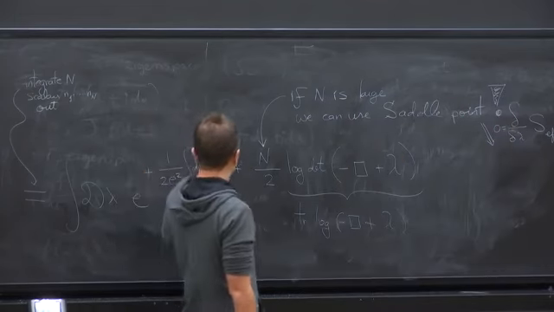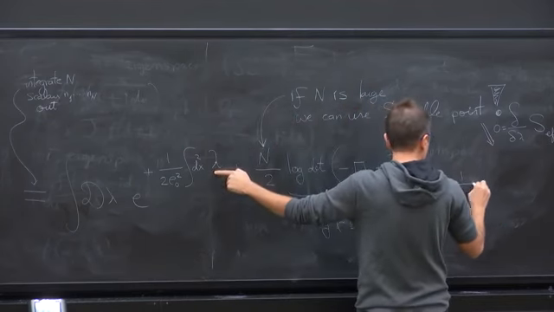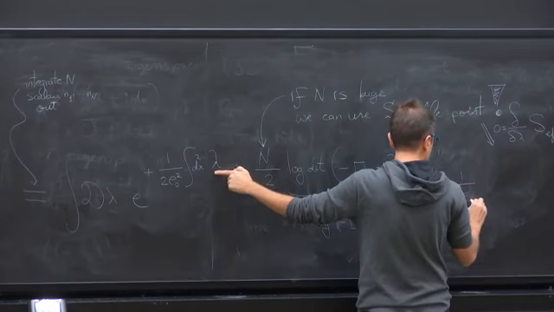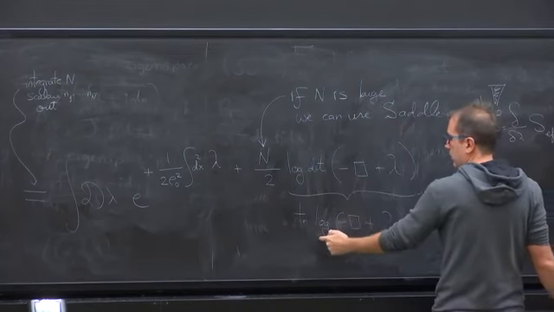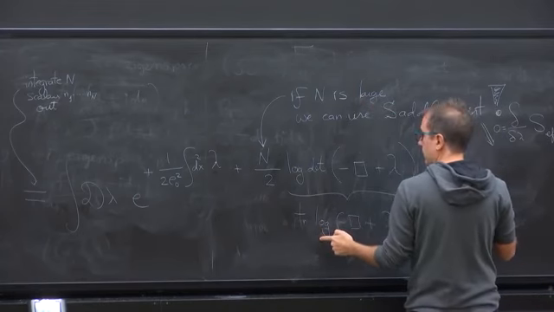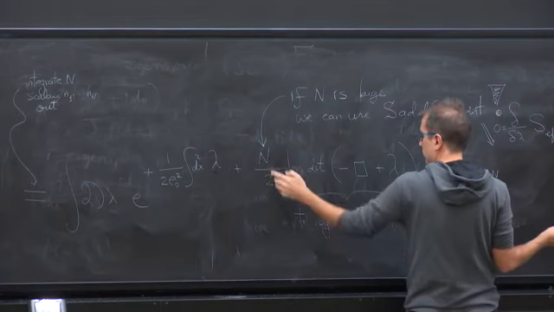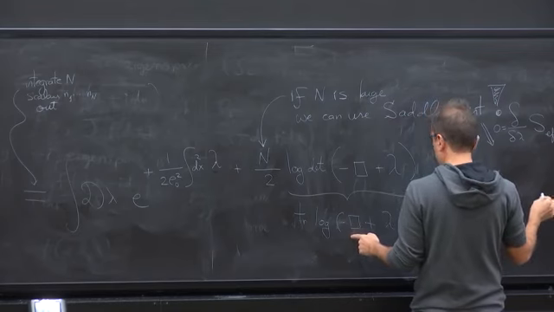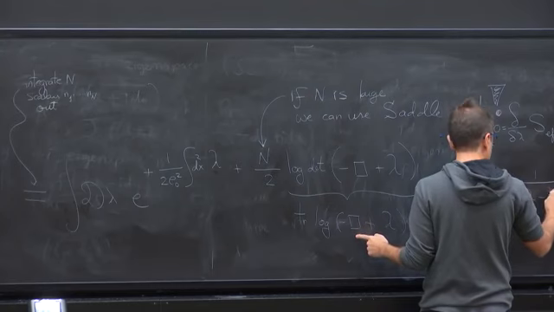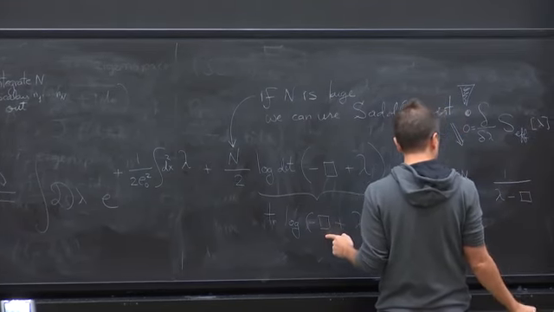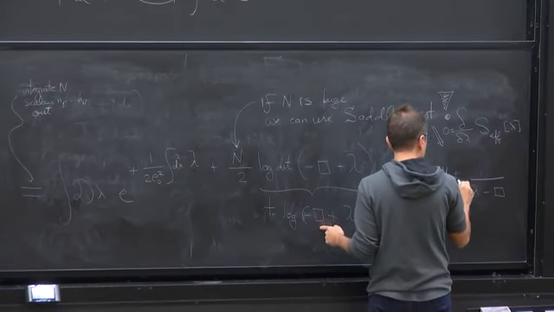What would we get if we take the derivative? The derivative of the first term would give 1 over 2 e0 squared, plus n over 2 times the derivative of log, which is 1 over lambda minus box, with a trace here.